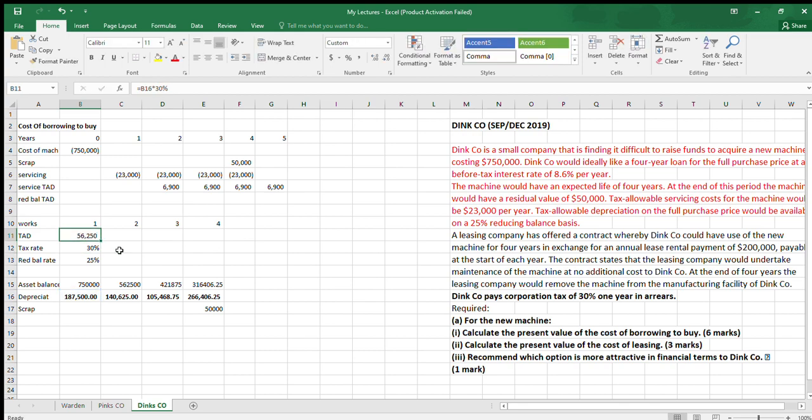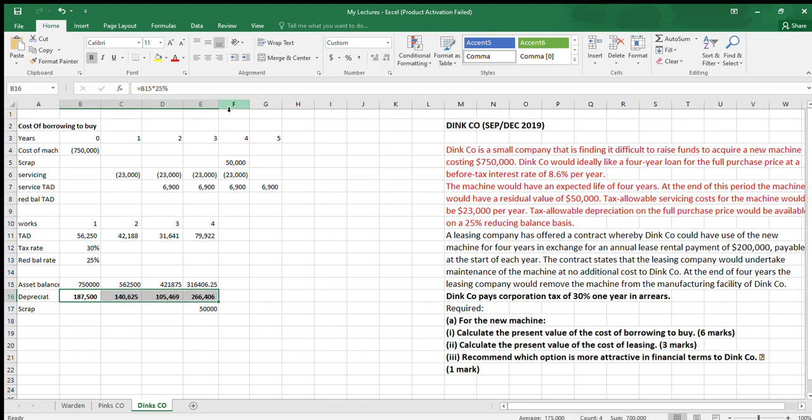So it is true for all 4 years. Very simple.